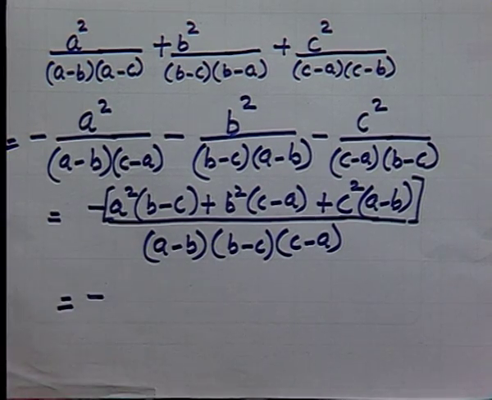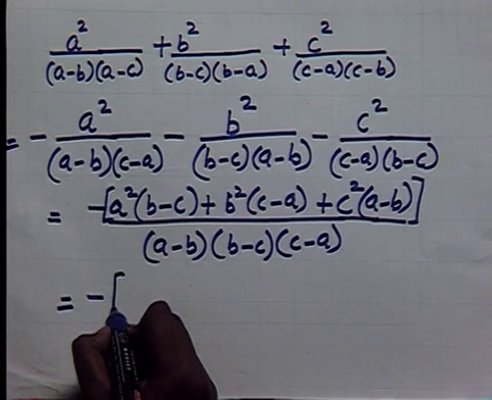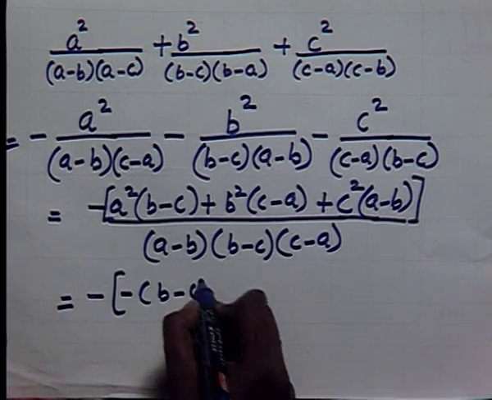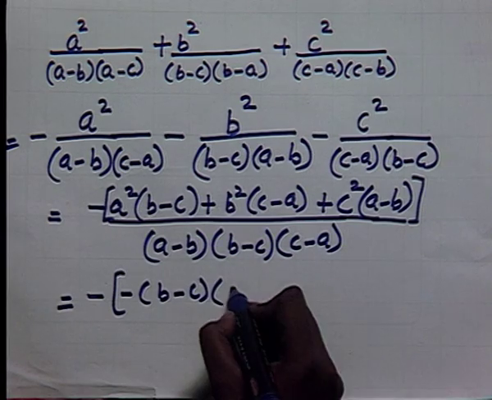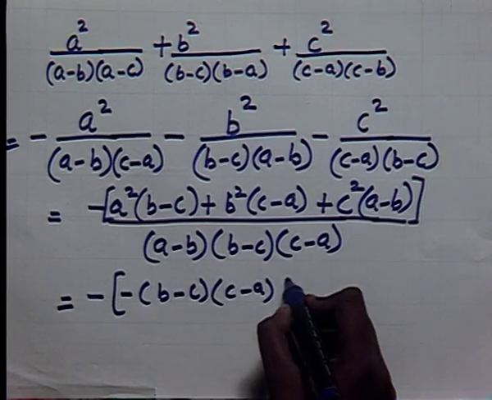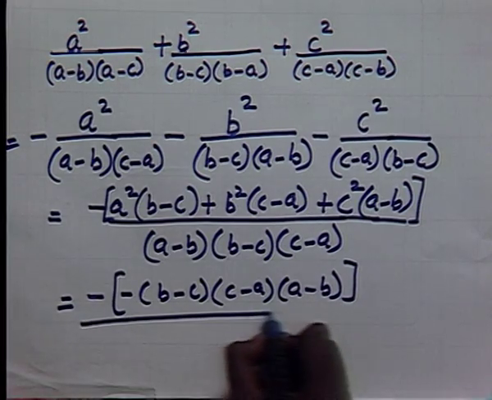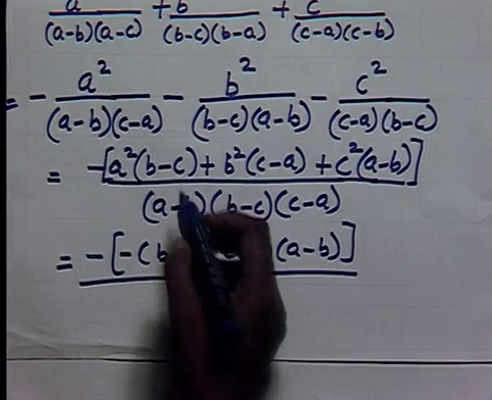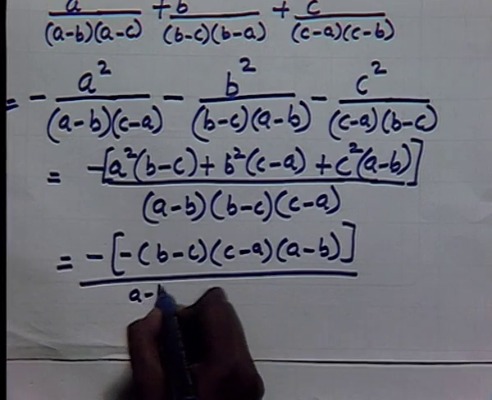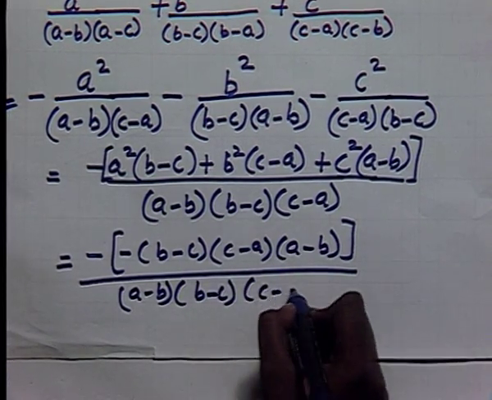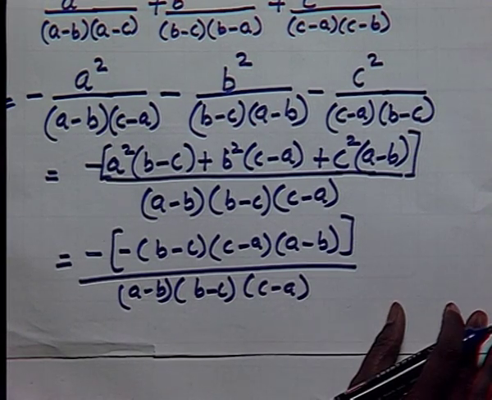This is negative sign here first of all, and then the factors of this are minus b minus c into c minus a into a minus b upon the denominator is same, that is a minus b, b minus c into c minus a.